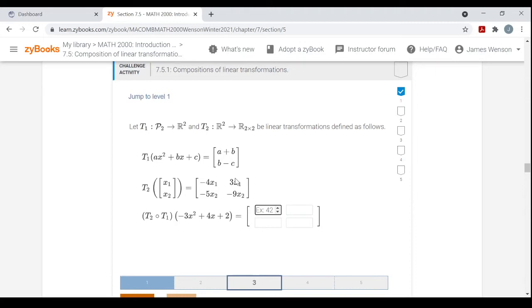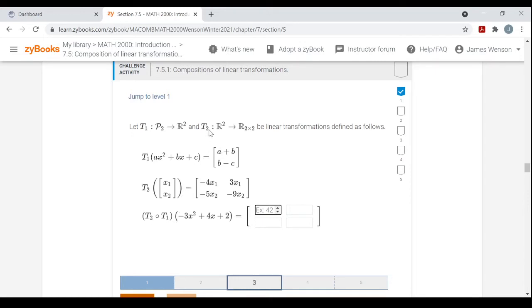Right. So this is an example where I could compose T2 with T1, right? Because if I run through T1 first, the output is from R2, and then that'll be the input of T2. But I couldn't do the other way around, right? T1 composed with T2 would be wrong.